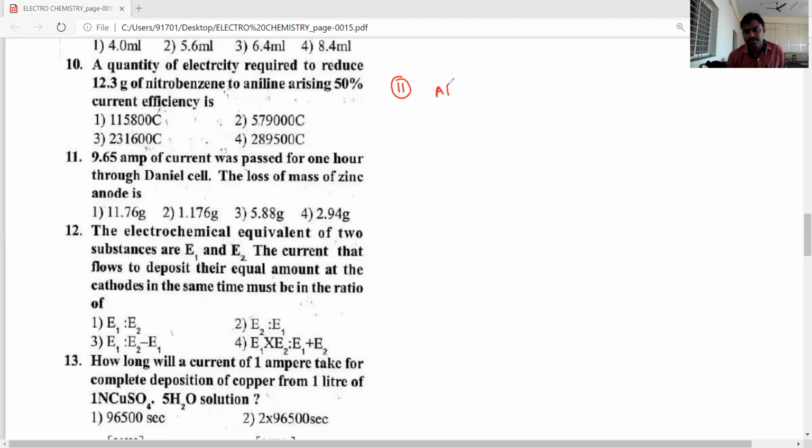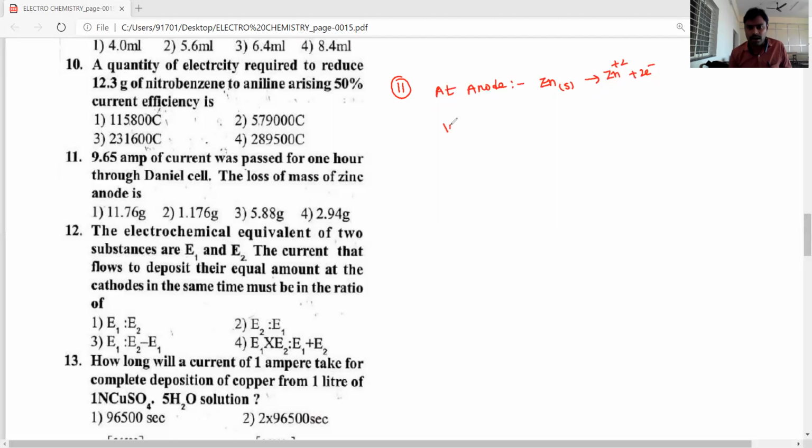What happens at the anode? Oxidation will take place. At the anode, solid zinc is converted into Zn2 plus with loss of 2 electrons. Now, how much weight of zinc is lost when 9.65 amperes current is passed for 1 hour in a Daniell cell?